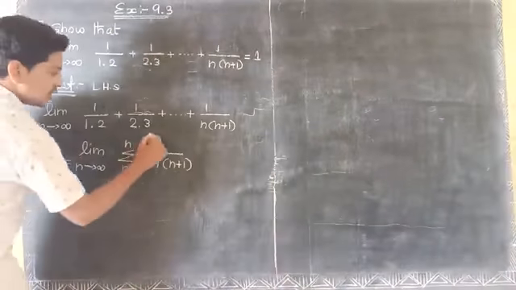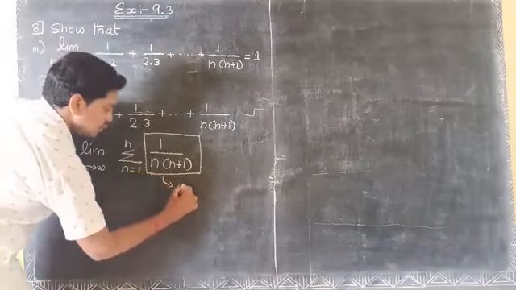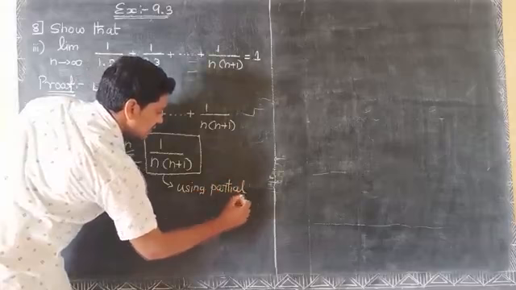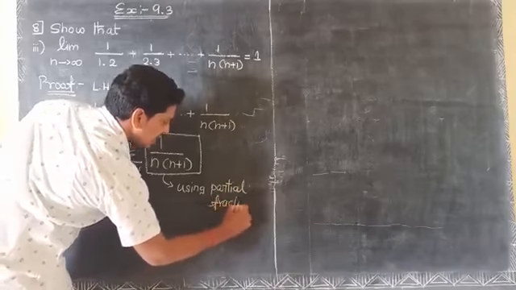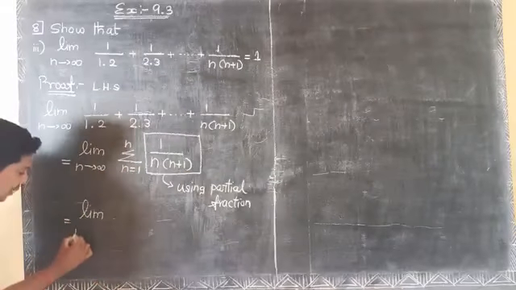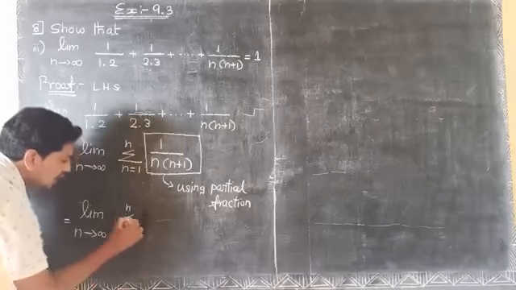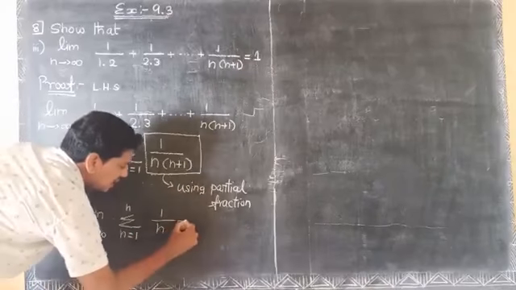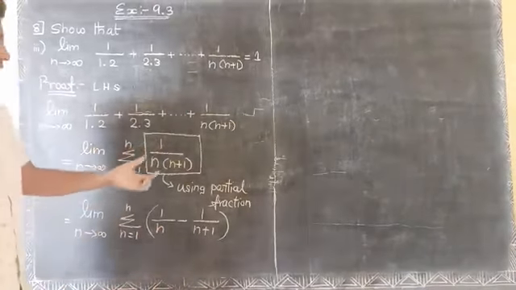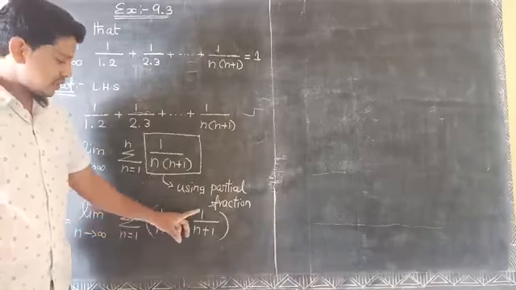Using partial fraction, the term 1 divided by n into n plus 1 can be written as 1 divided by n minus 1 divided by n plus 1.